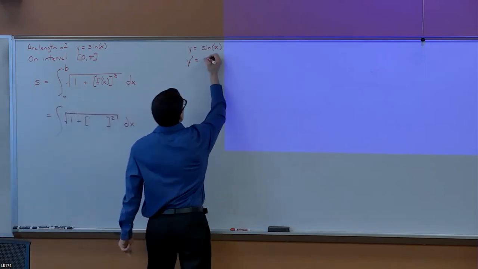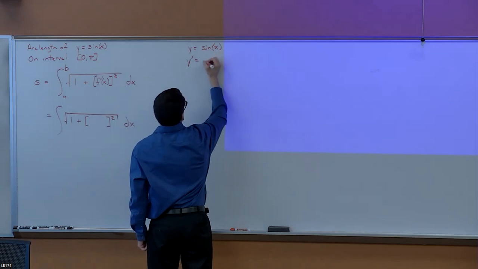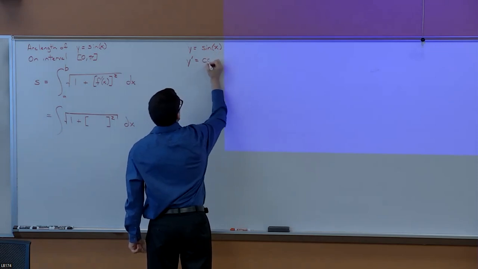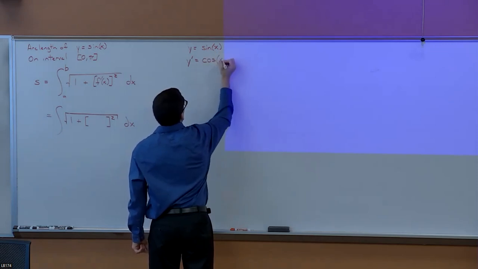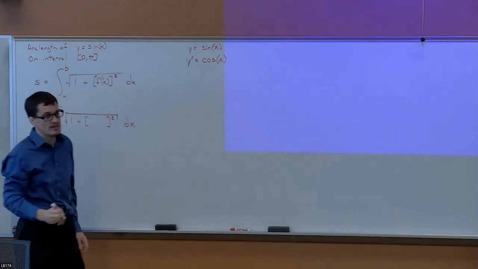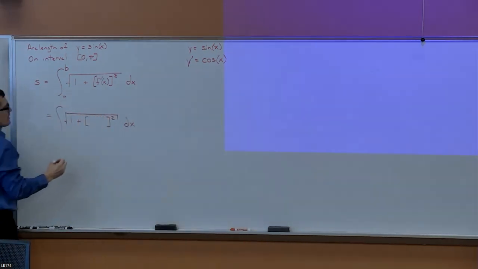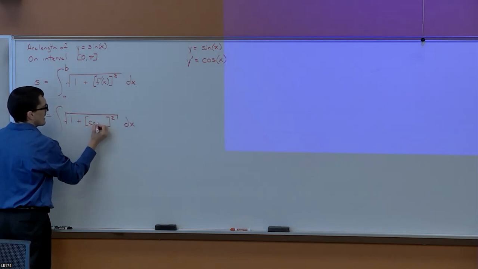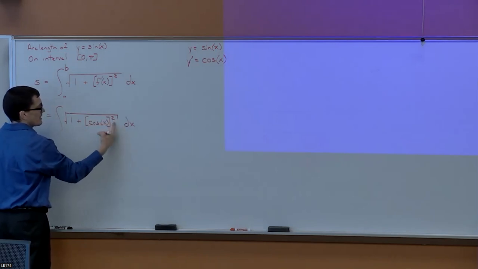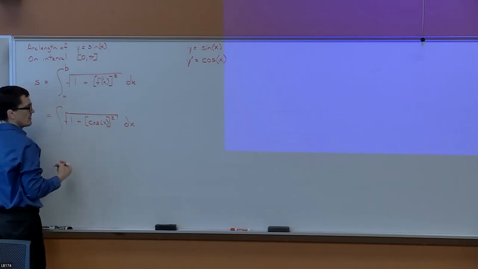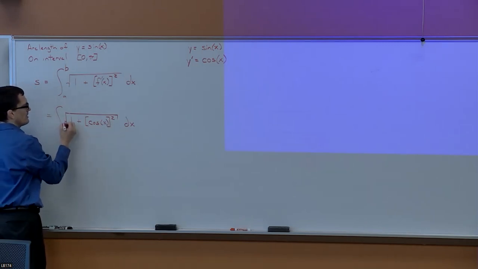And that means when I have y equals sine x, I take the derivative to get y prime as cosine of x. So cosine of x is going in here. It's going to get squared. Then we're going to add 1. Then we're going to take the square root of that.